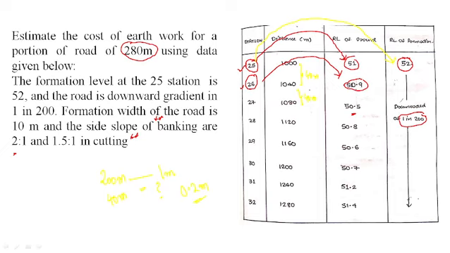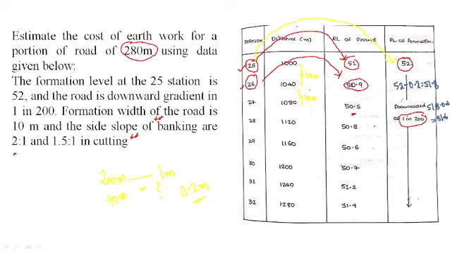At 26, 52 minus 0.2, that is nothing but 51.8. Similarly, at 27th station, 51.8 minus 0.2, which is 51.6.